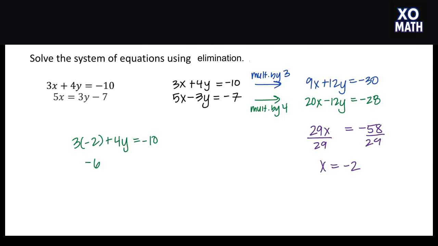Here I have negative 6 plus 4y is equal to negative 10. If I add the 6 to both sides, I get 4y is equal to negative 4. And divide both sides by 4, I get y is equal to negative 1. So we end up with a solution of negative 2, negative 1.